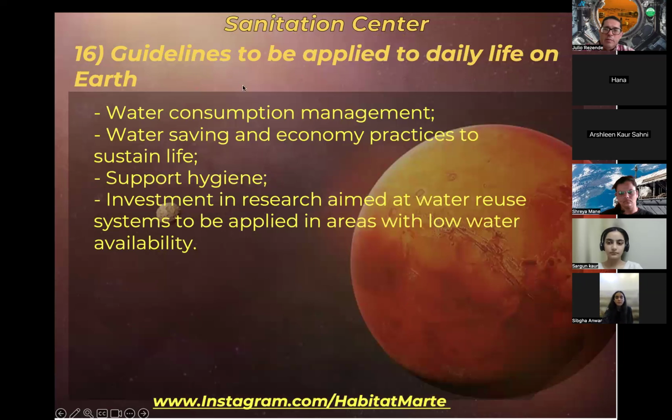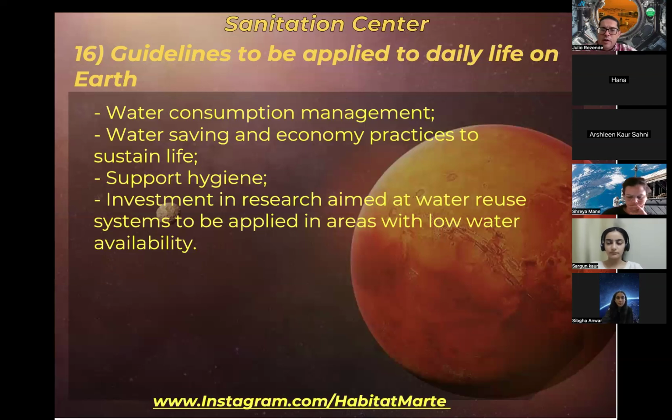Okay, there are some guidelines to be applied to daily life on Earth. We can see water consumption. We can talk about communities on Earth, about water consumption, about water saving and economy practices for sustainable life, supporting hygiene, and investments in research aimed at water reuse systems to be applied in areas with low water availability. For example, a very important technology would be the recycling of gray water.